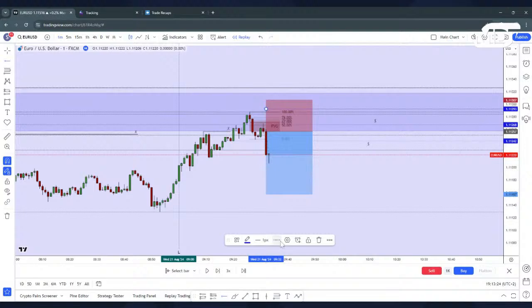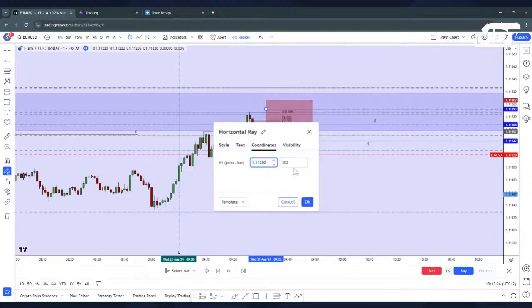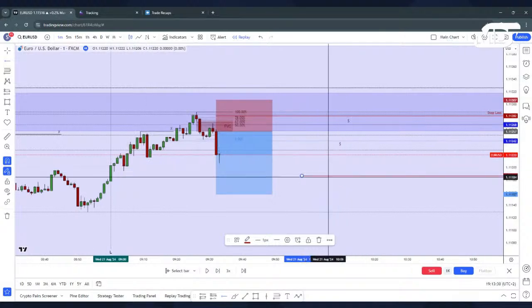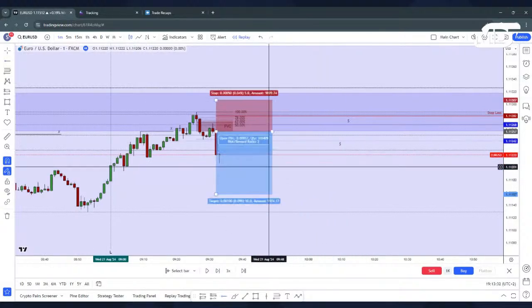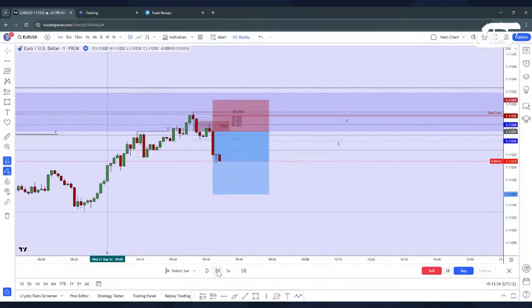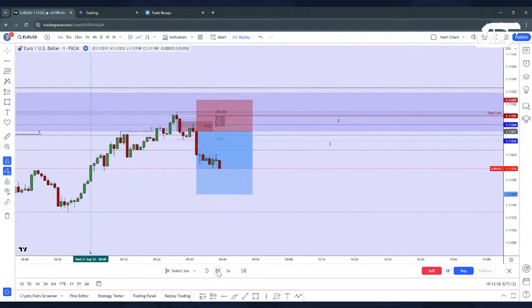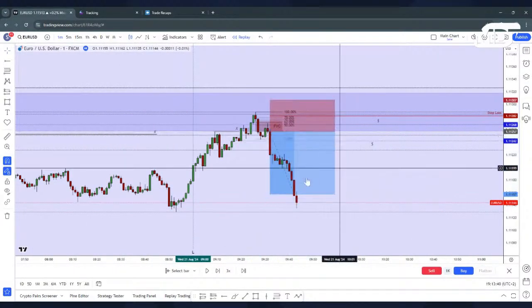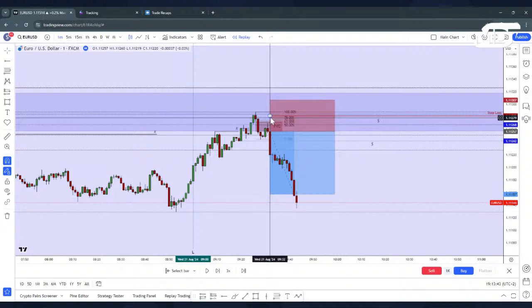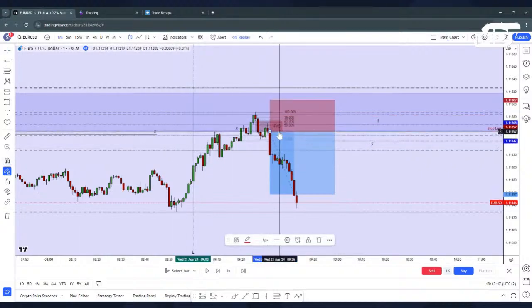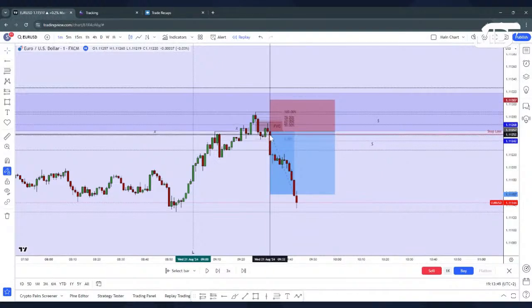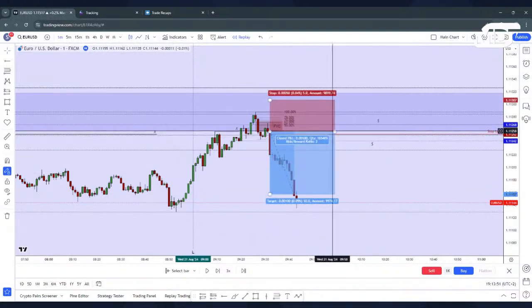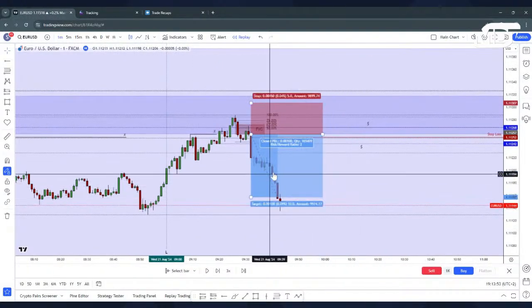We've gotten to 1R, so we remove some risk. And then see how this plays out. That's 2R. So now we can move stops to break even. And we close 50% of the position.